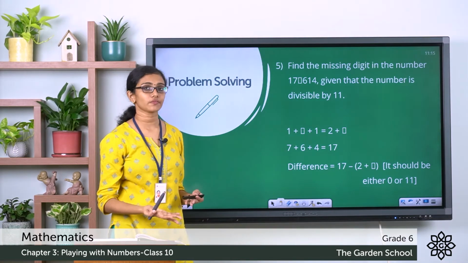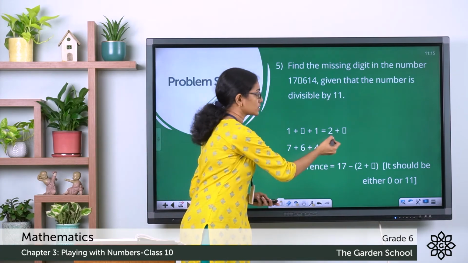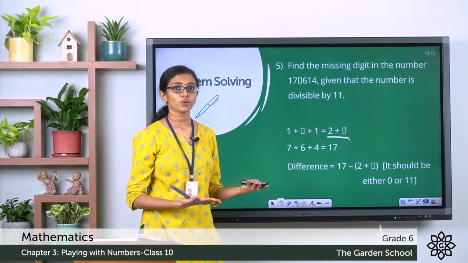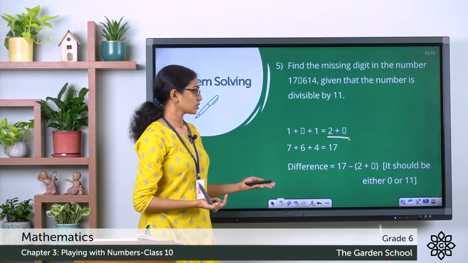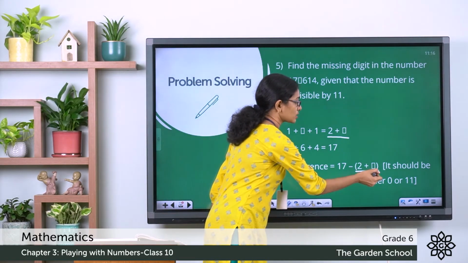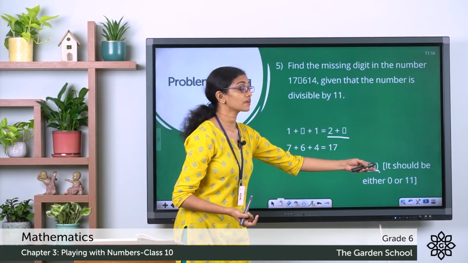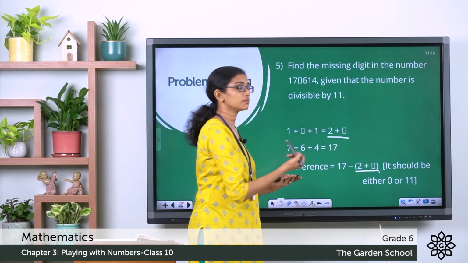So when you take the difference, it becomes 17 minus within brackets this 2 plus dash. We know the difference has to be either 0 or 11. If the difference has to be 0, this part should be 17. That means 17 minus, 2 plus 15, because 2 plus 15 equals 17, then 17 minus 17 becomes 0.